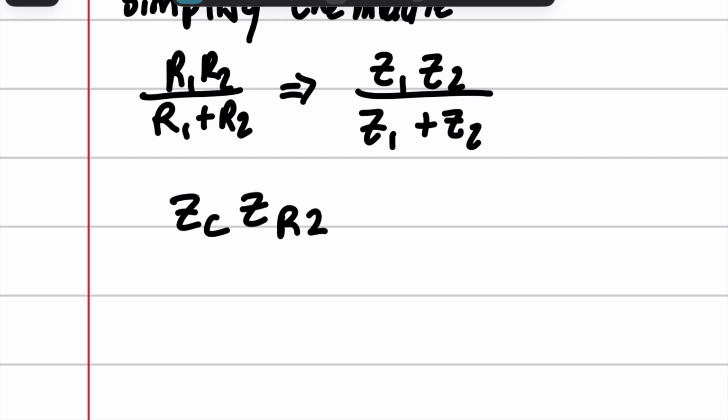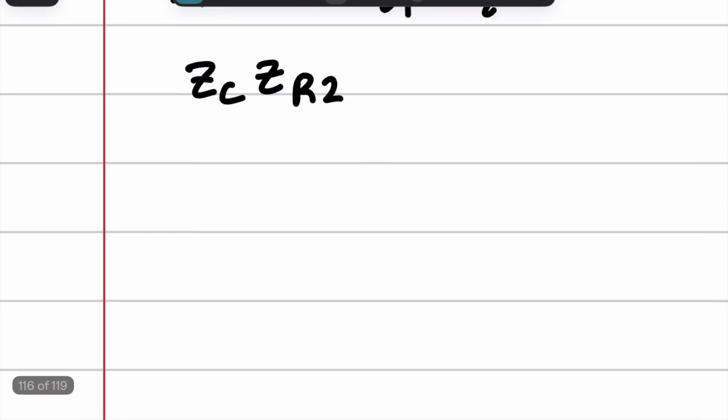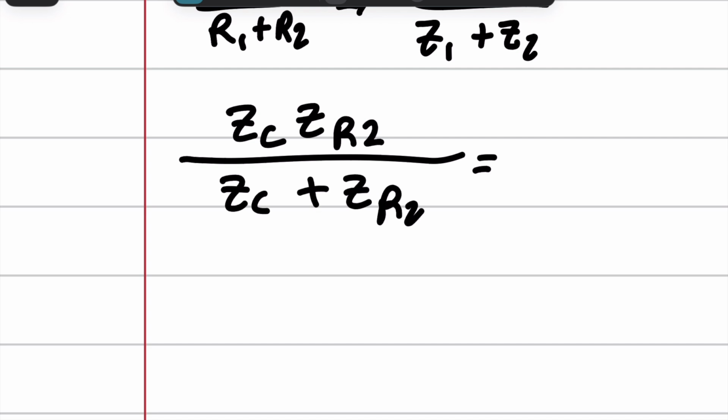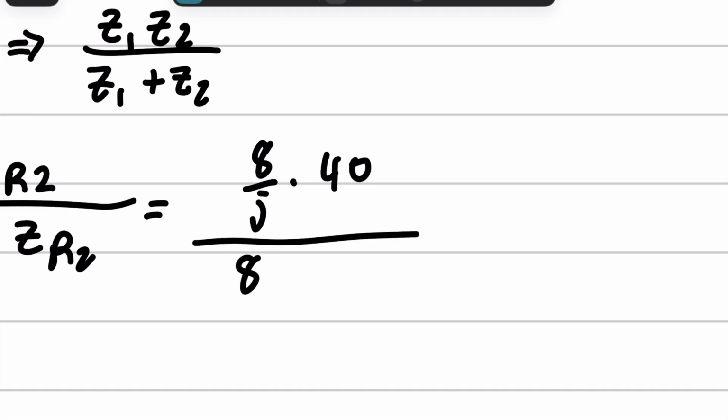And I'm going to call that R2 because we have an R1 right here. So ZC times R2 over ZC plus ZR2. And that is going to be equal to 8 over J times 40, over 8 over J plus 40.